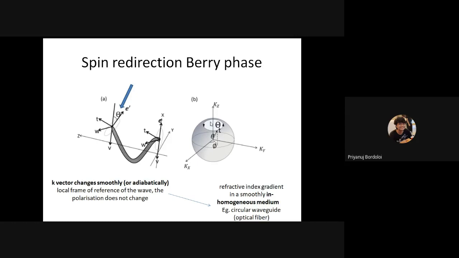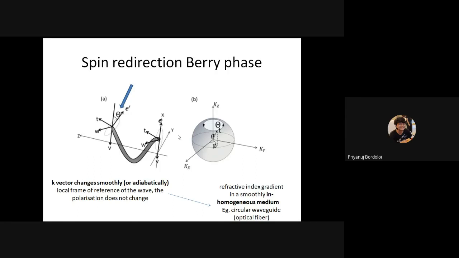However, if you look at the global frame, the polarization state does actually change, which is shown in figure A. As you can see, when it starts from here, due to the path taken, due to the adiabatic change of the k vector, finally when you reach here, in the local frame you won't realize any change, but in the global frame you will see an optical rotation of the linear polarization vector.